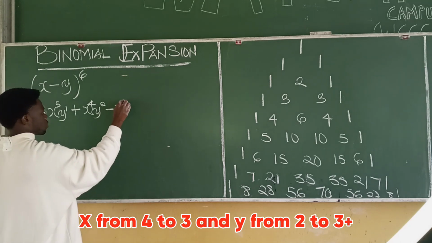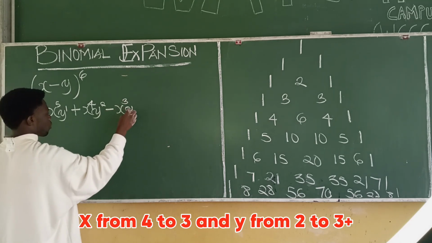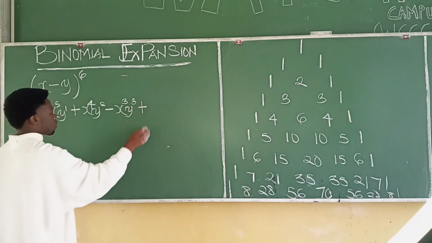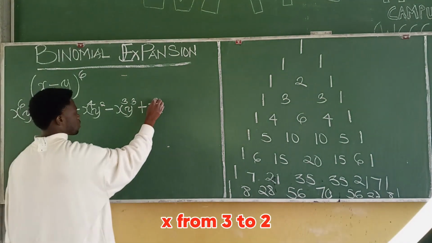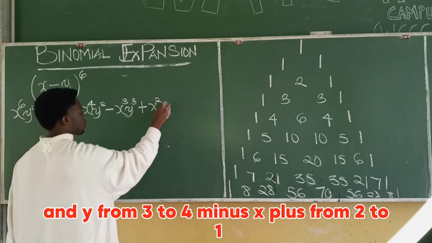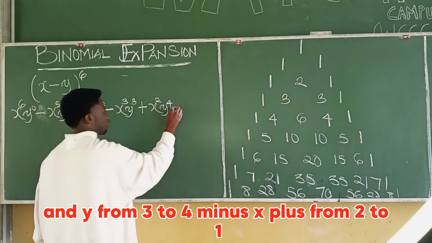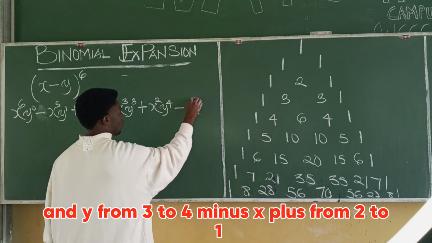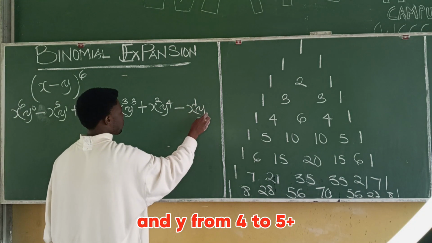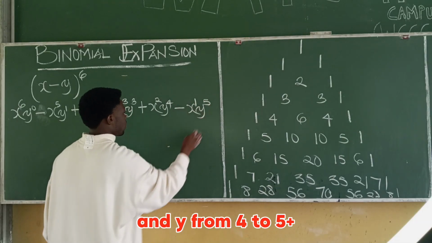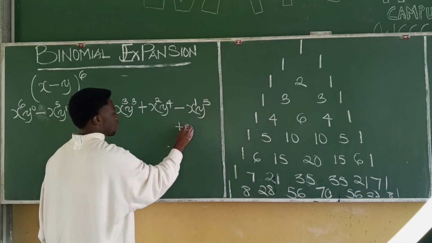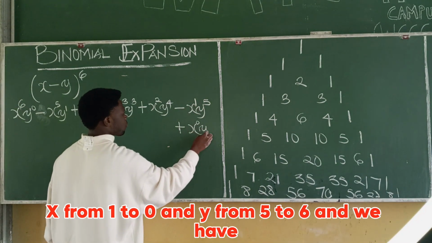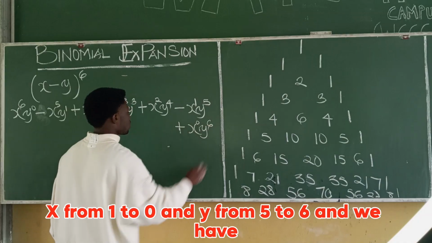X from 4 to 3 and y from 2 to 3, plus x from 3 to 2 and y from 3 to 4, minus x from 2 to 1 and y from 4 to 5, plus x from 1 to 0 and y from 5 to 6.